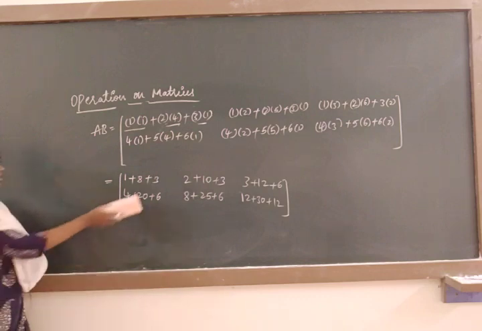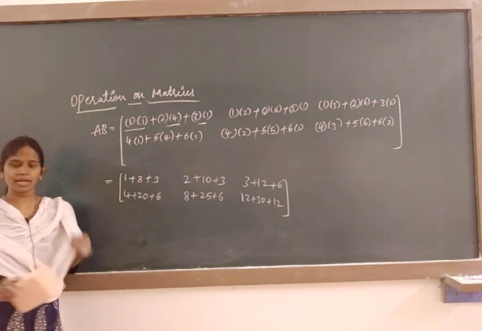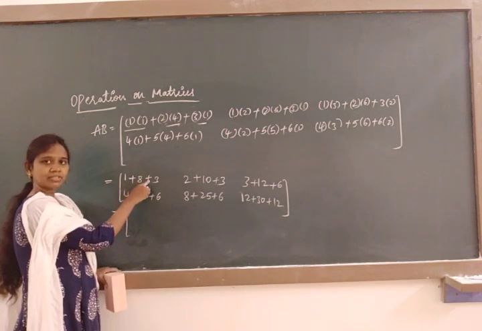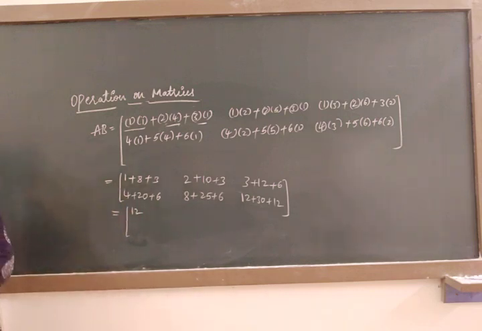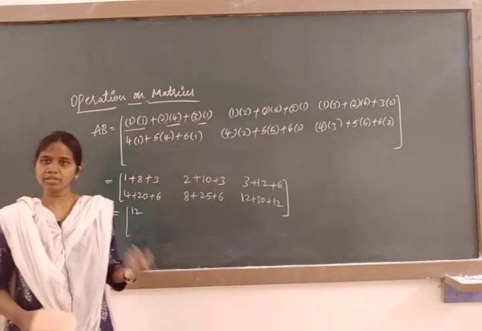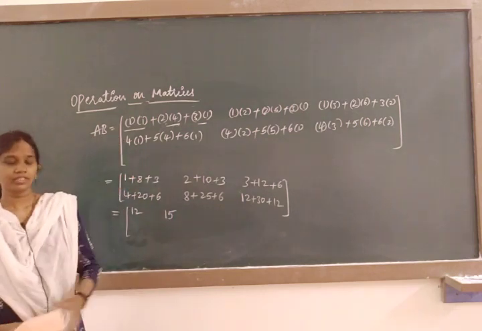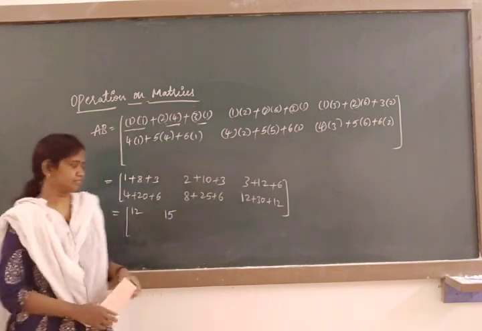Now what is there here? Here everything is addition. You just add it. 8 plus 1 is 9, 9 plus 3 is 12. Correct. Next, 2 plus 10 is 12, 12 plus 3 is 15. Right. Next it will be 3 plus 12 is 15, 15 plus 6 is 21.